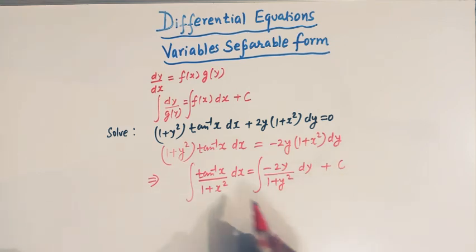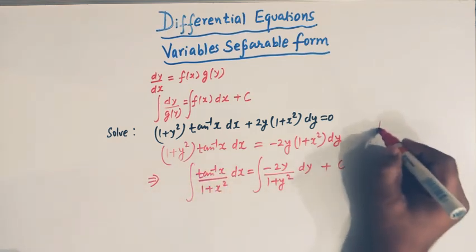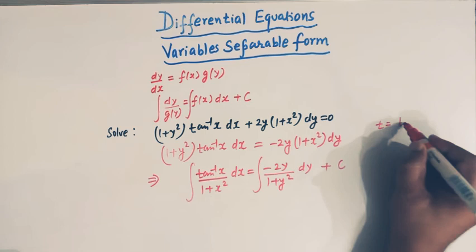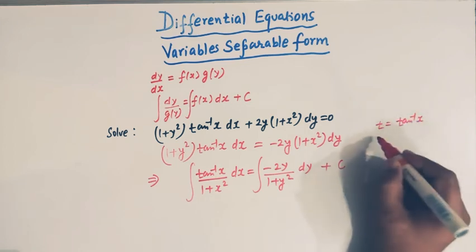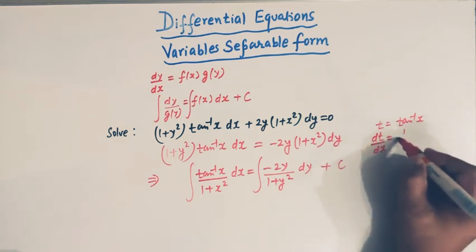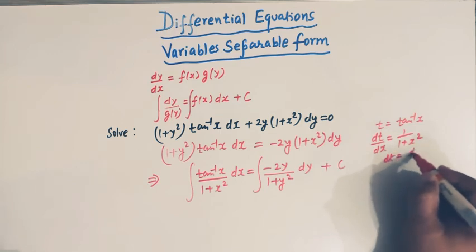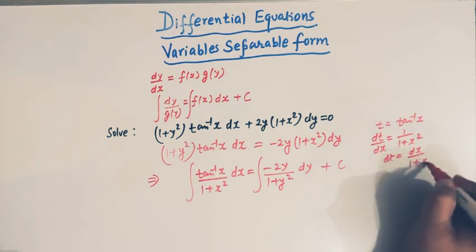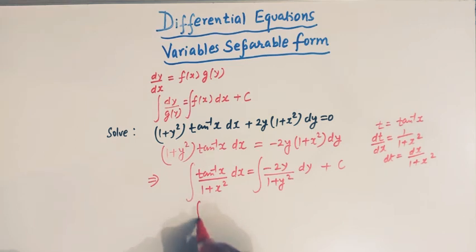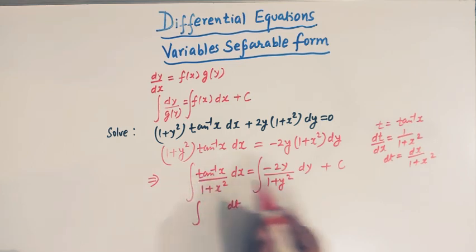Now viewers, let us see this integral. Here if we put t is equal to tan inverse x, then we have dt over dx is equal to 1 over 1 plus x square. So dt is dx over 1 plus x square. Now here we have dx over 1 plus x square, so that is dt, and for tan inverse x we have t.